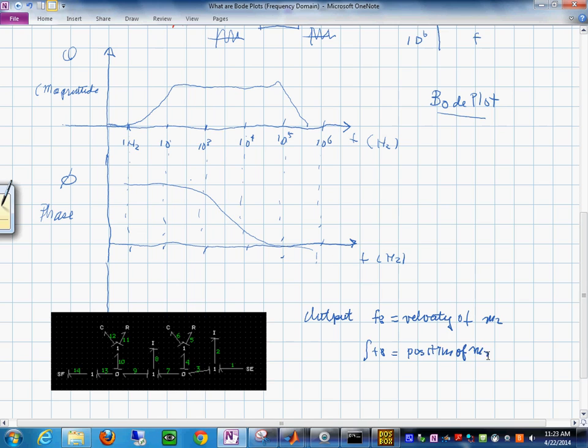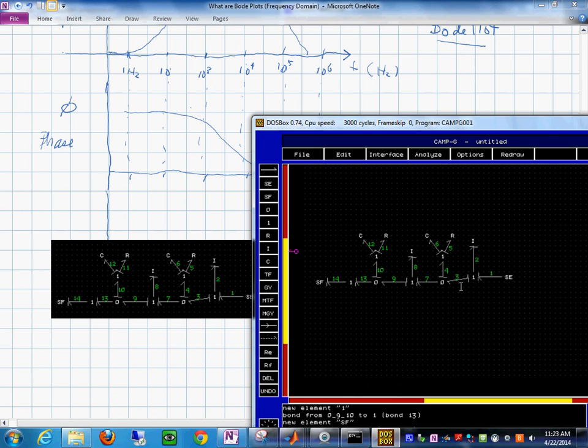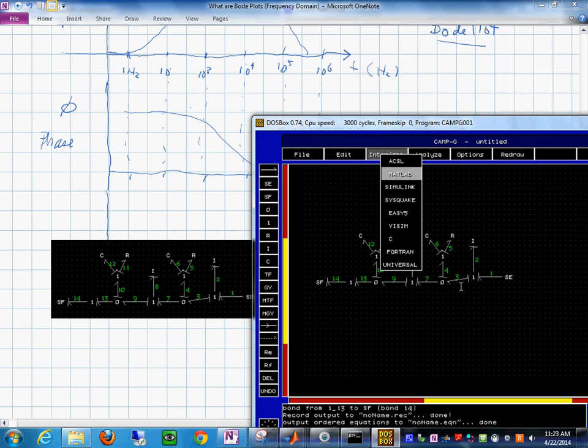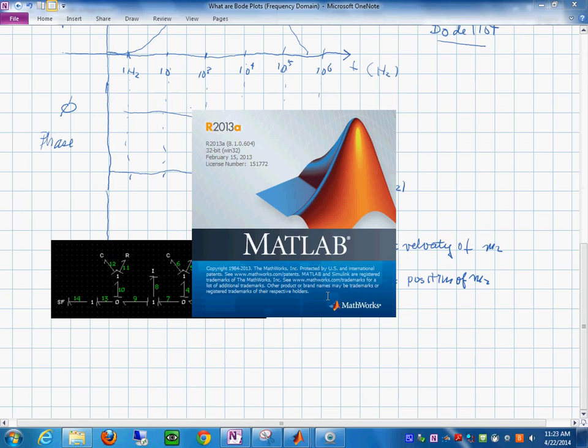of m2. So I'm going to go ahead and obtain the transfer function for that, and obtain both of those transfer functions that I'm looking for. I'm just going to go to the interface and do MATLAB and allow these two programs to interface with each other and do a handshake between CAMG and MATLAB.